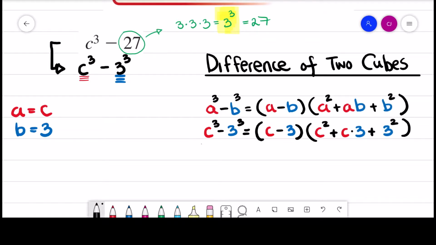Like I said earlier, I'm rewriting my polynomial so that it fits the special factoring pattern.